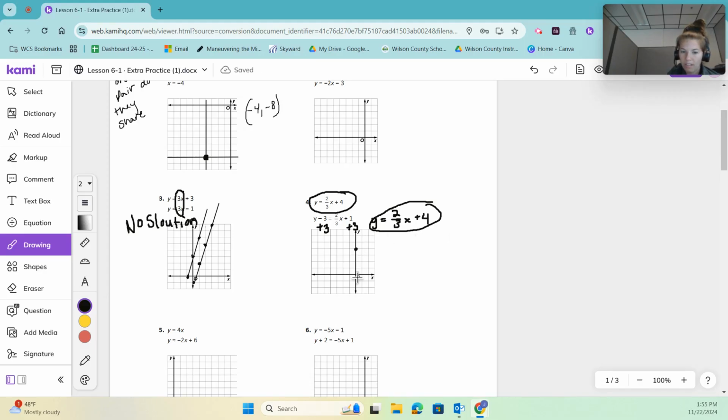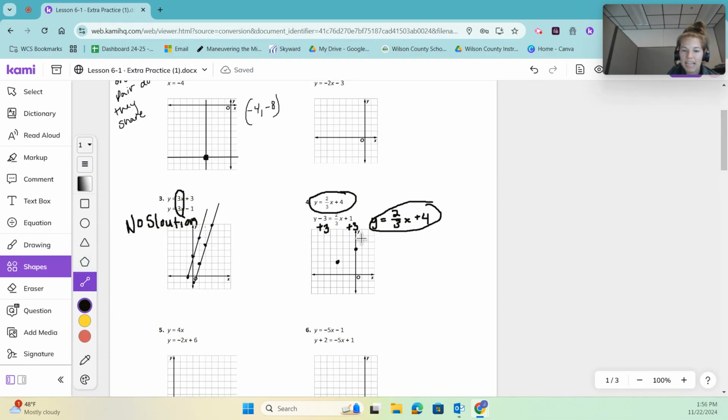When I graph +4 as my y-intercept and my slope as 2 over 3, positive, I would do that for both of them, which means I'm going to get the same exact line both times. And when that is the case, that means every single ordered pair fits both of these equations.